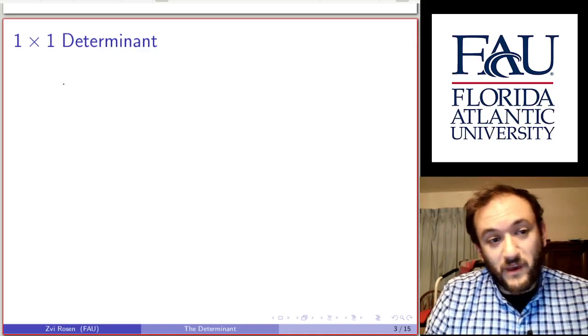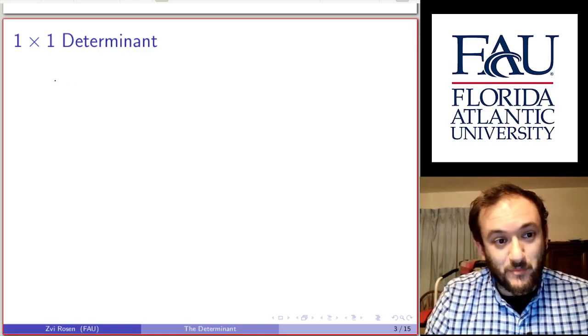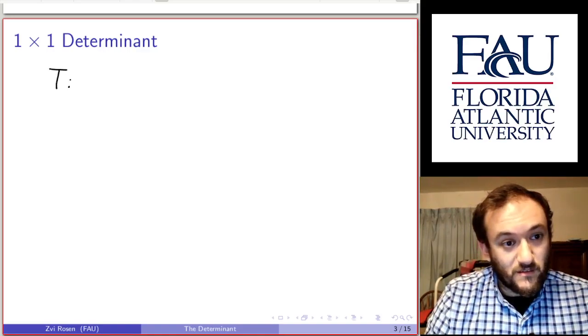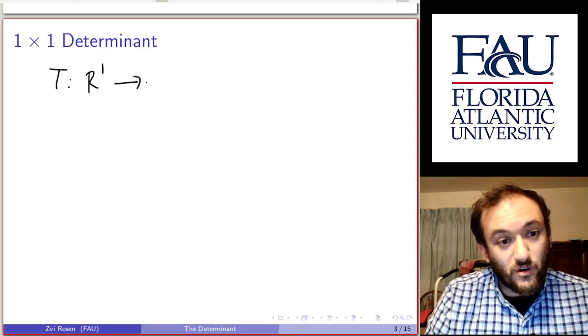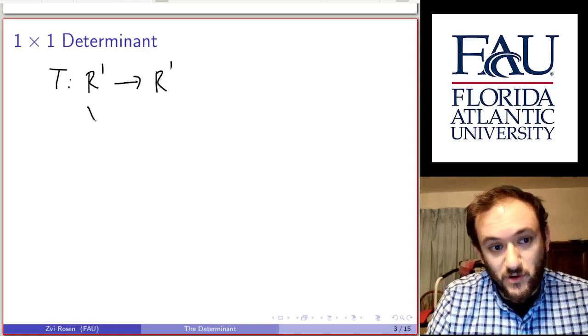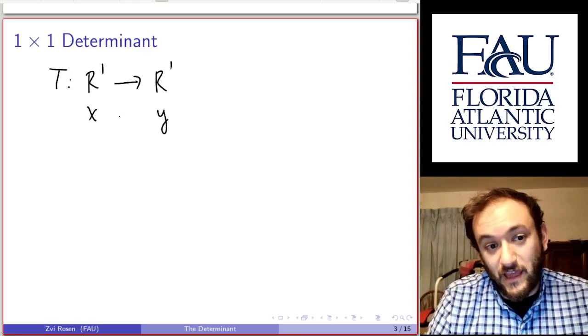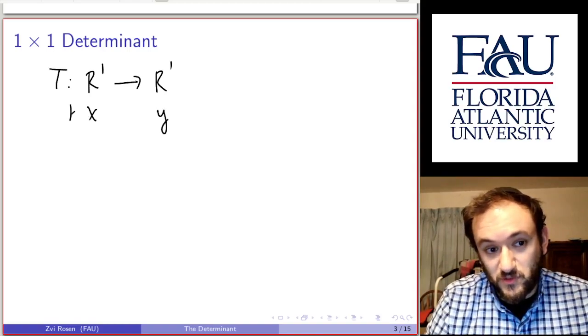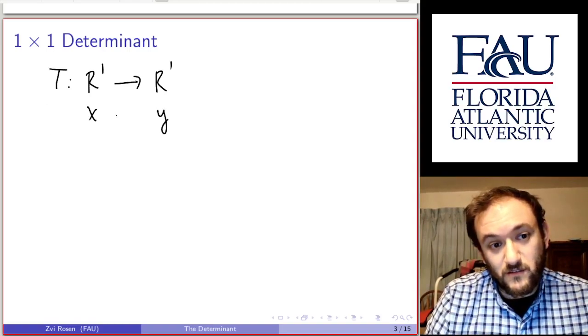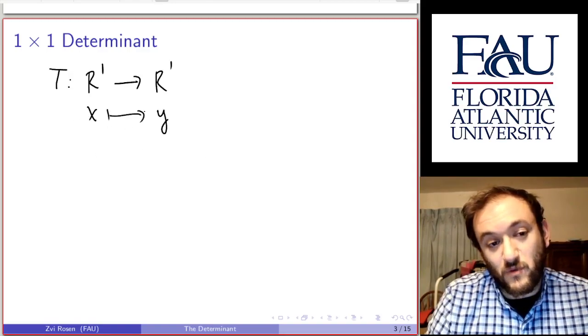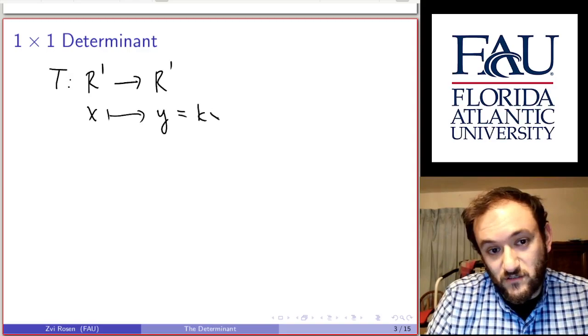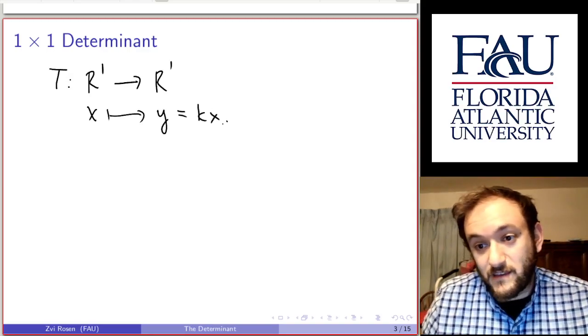So, one by one determinant. This is a map from R1 to R1. If you feed in some real number x, it gives you a number y, and the way that it works is you just multiply by a constant. So x maps to y, and the equation is usually something like y equals kx.